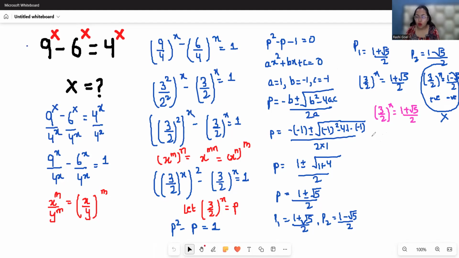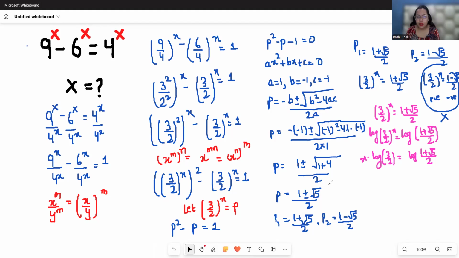So if I take log on both sides, log of (3/2)^x equals log of (1+√5)/2. So it becomes x times log(3/2) equals log((1+√5)/2).